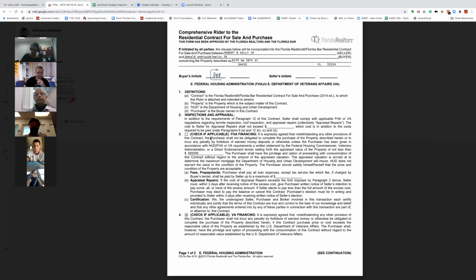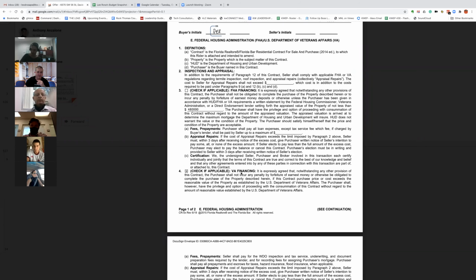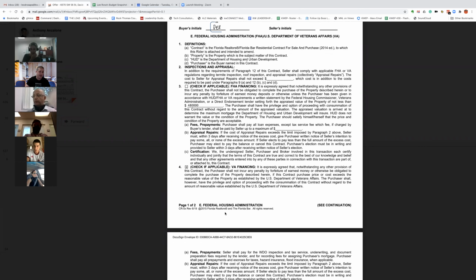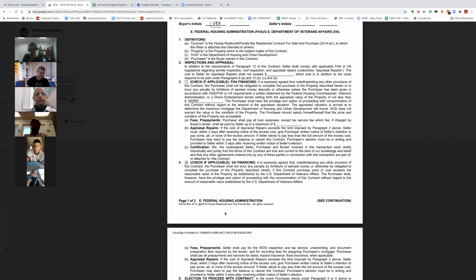In our case, we have checked VA financing, and if the property does not meet VA standard, we are able to back out of the contract. It doesn't mean that the seller has to remedy, but it gives you the option of getting out of the contract.